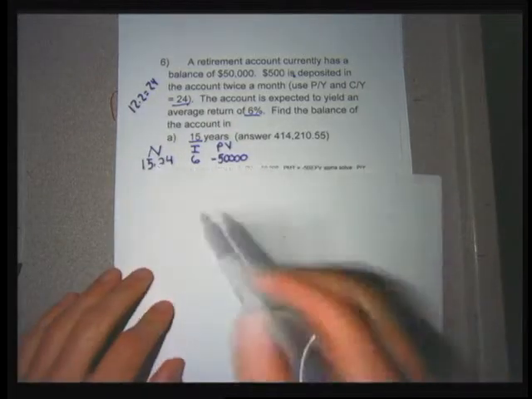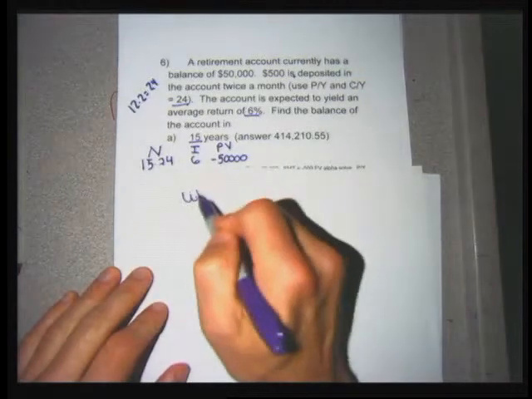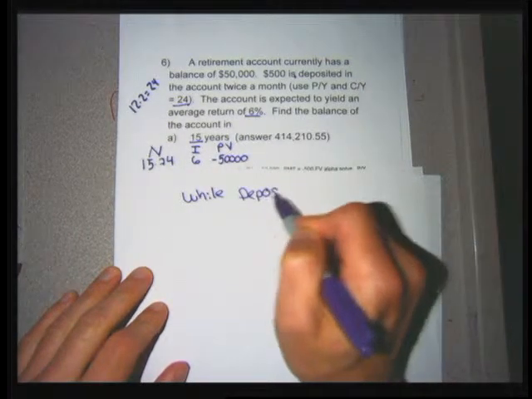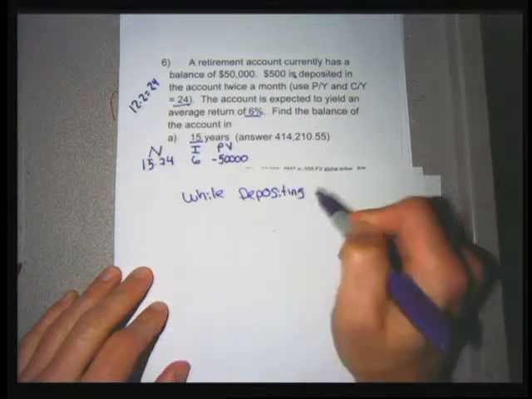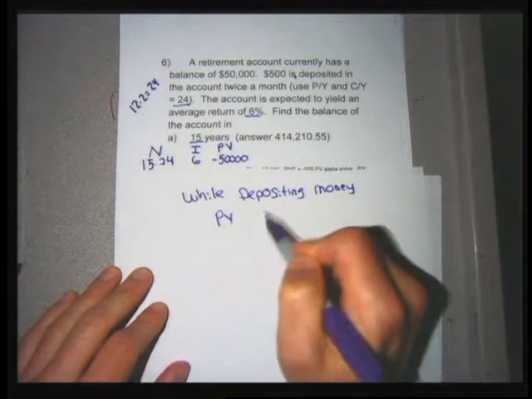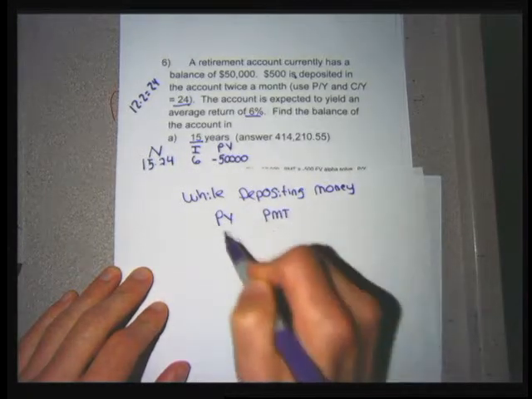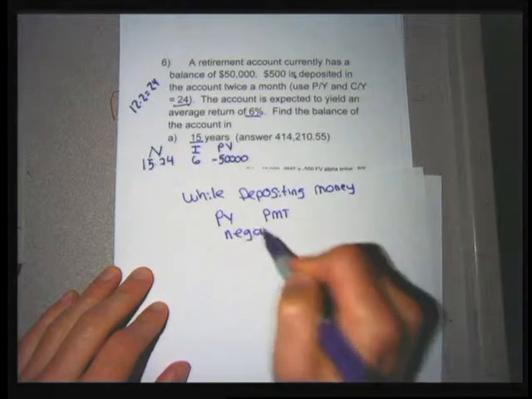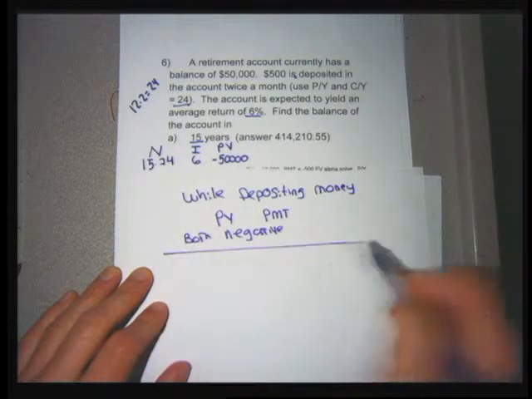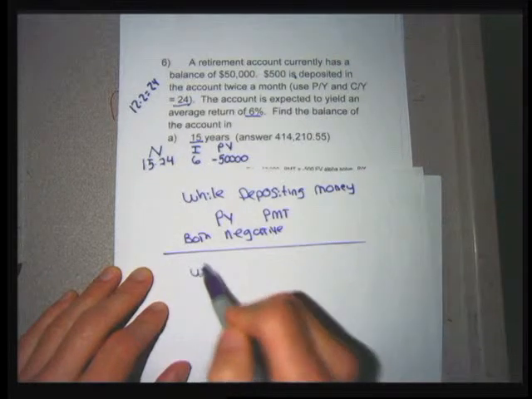So while depositing money and you're not living off your retirement, both the PV and the PMT should be negative. At some point, you're going to get retired and you're going to start withdrawing money.